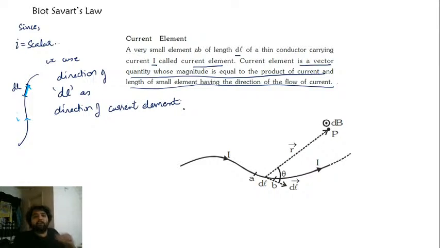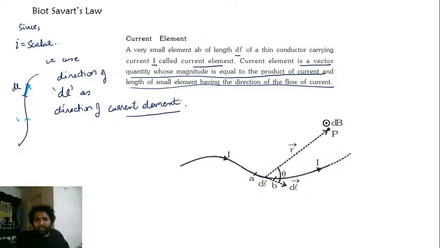Clear? क्योंकि we know magnetic field is a vector. But when you take current as scalar, it will not add up, because you know only the position vector is there, but there is nothing else which gives a direction of current. And if you want to get a resultant as a vector, you have to have vectors in this. So that is why we take the dl element as the direction of the current element.